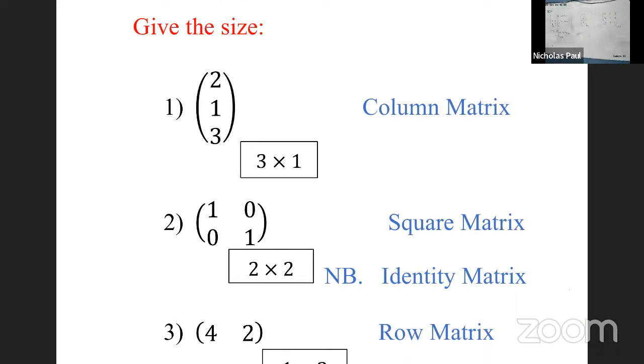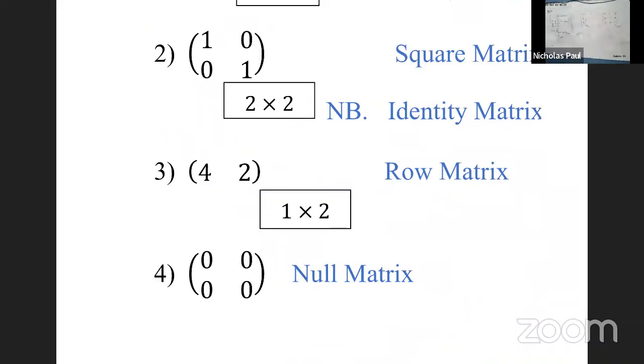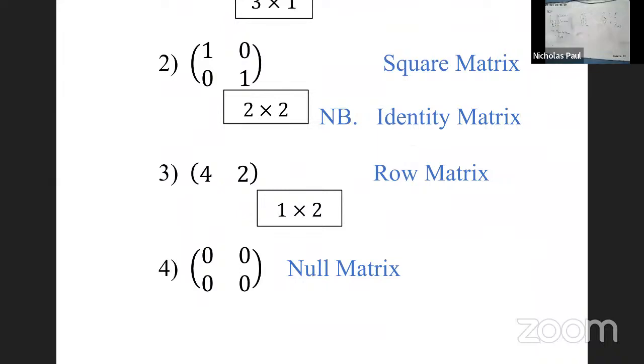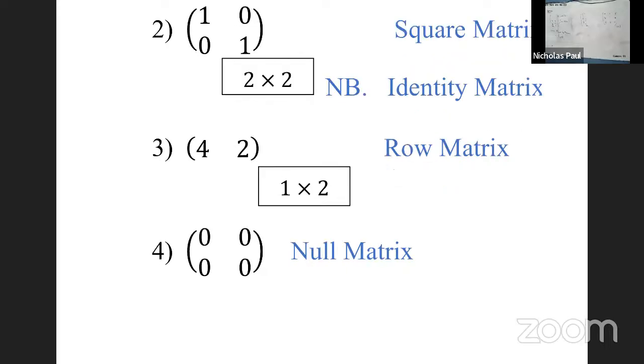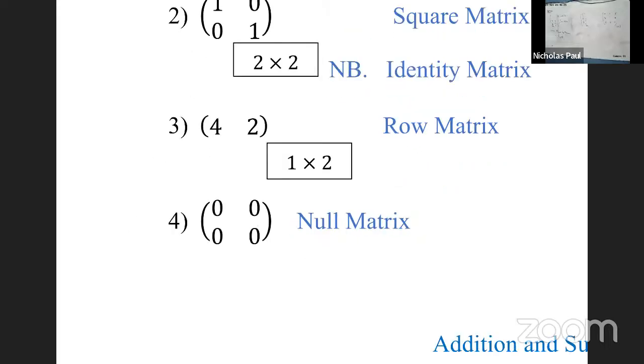You recognize it? 1, 0, 0, 1. You have ones in the diagonal, 0 everywhere else. That's the identity matrix. Then here you have a row matrix. It has 1 row and 2 columns, and then you have a null matrix that's all zeros. Everybody okay with that?